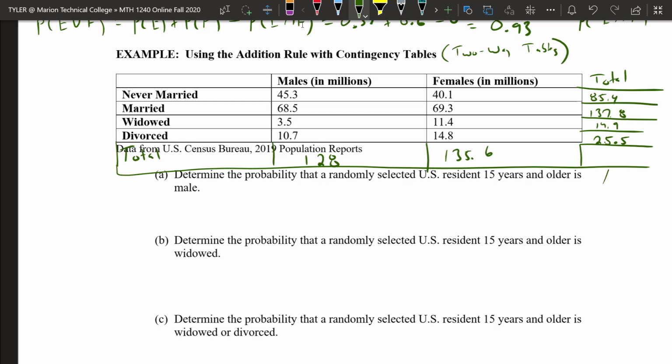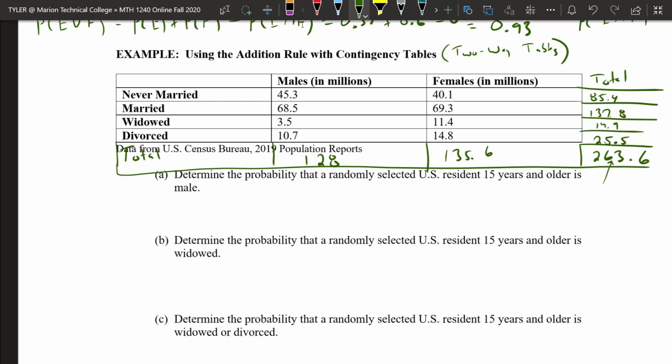What goes in this box here would be the total number of people, males and females. It should equal the 128 plus the 135.6, and it should also equal adding up these row totals. So you can double check, but they both equal 263.6 million. So there's 263.6 million people total in this data.